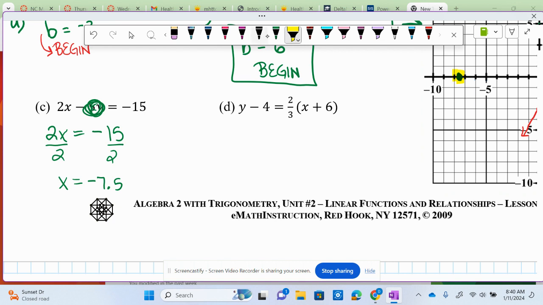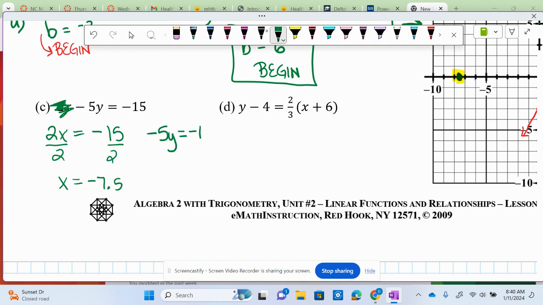Now let's find the y-intercept. If I want to find the y-intercept, I just cover up the x term. Now what equation do I have? Be careful. Good job, Hayden. Negative. Don't forget that negative. Sometimes we tend to drop that. -5y equals -15. Divide both sides by -5.